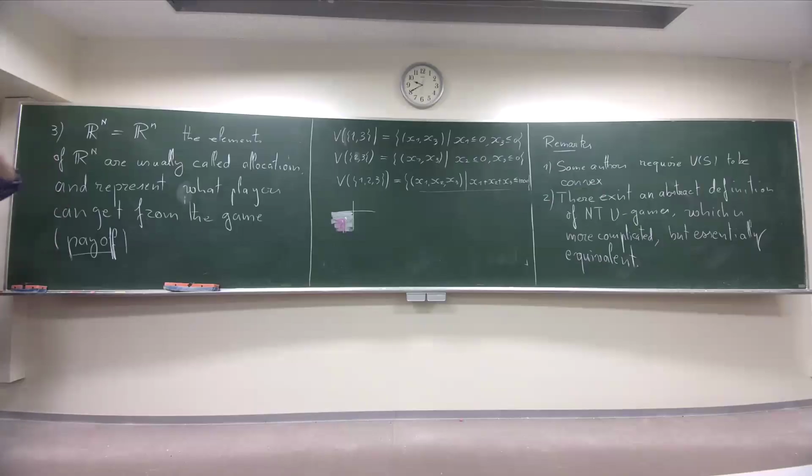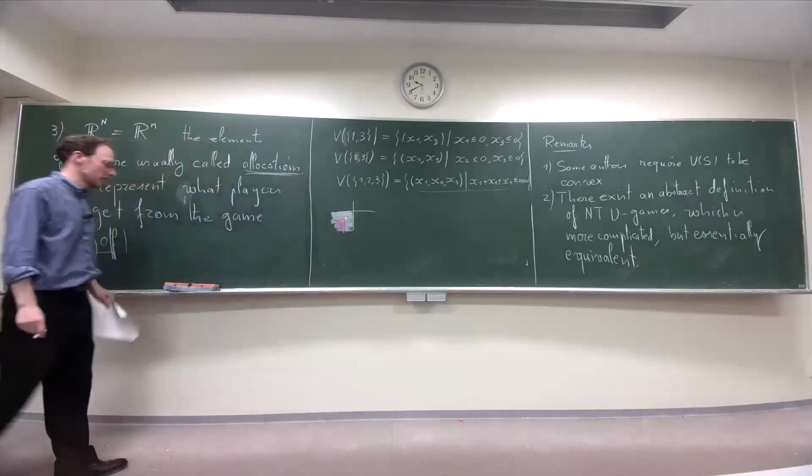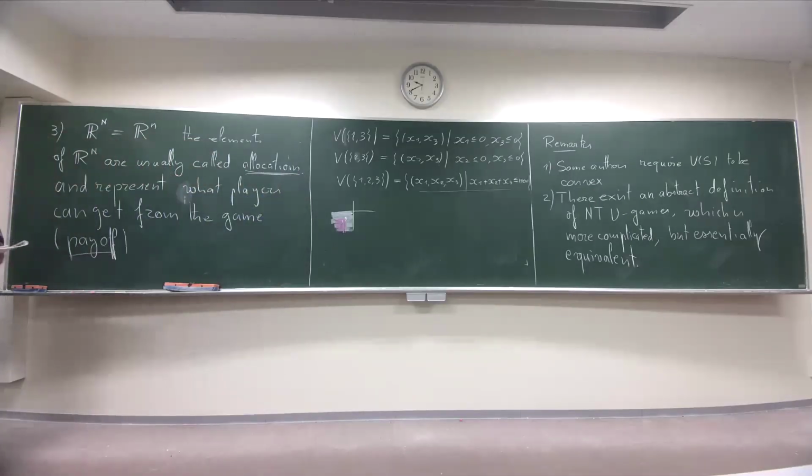Okay, so the remark is we haven't assumed convex, but it might be, then there exists an abstract version of this definition, but I stick to this one and observe that R^N, with N the grand coalition, is the same as Rn, and these points are called allocations. This is just a word. Okay.